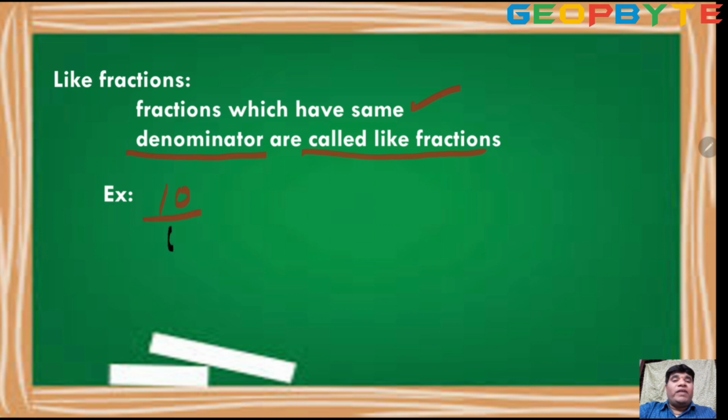So 10 by 4, 6 by 4, 15 by 4. Same denominators. So these are like fractions. Suppose in terms of variables, a by b, d by b, same denominator, so they are like fractions.